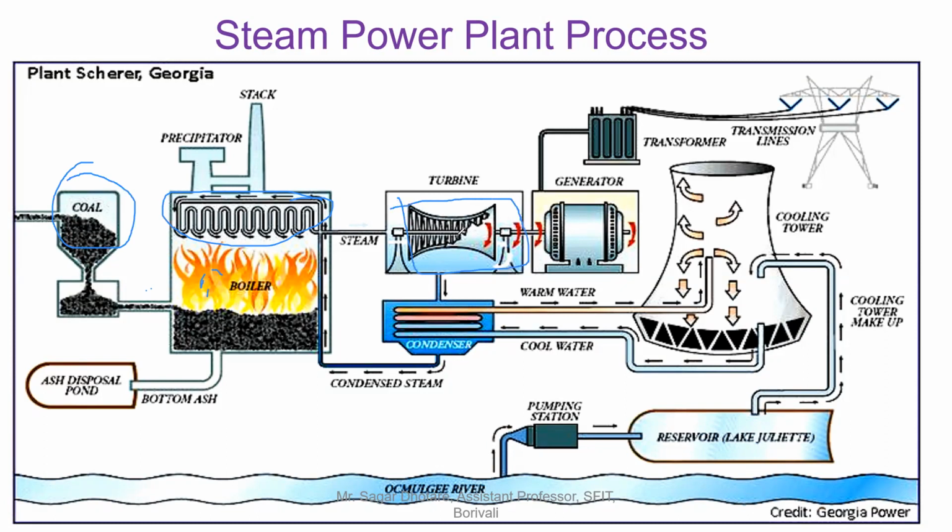Look here. The steam turbine can use the steam generated inside the boiler, and the pressure and velocity of the steam is converted into mechanical energy, that is mechanical movement of the turbine. The kinetic energy of the steam is converted into mechanical movement of the turbine, which is connected with the generator, and the generator converts this mechanical energy into electrical energy.